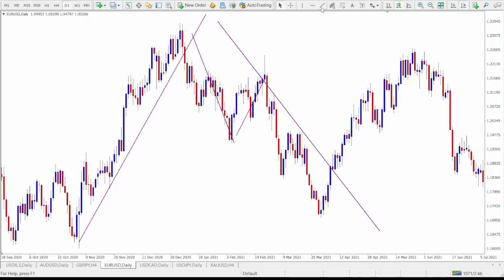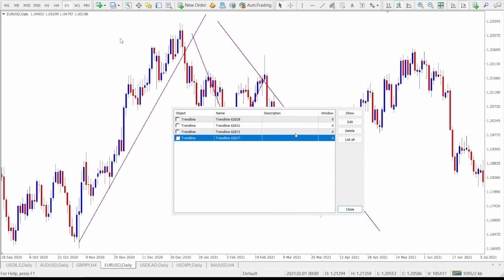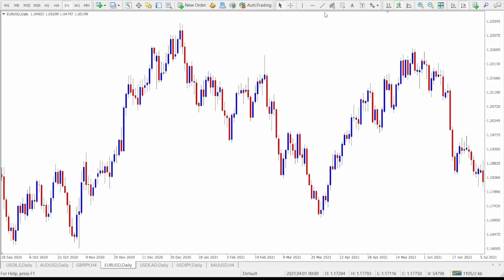Now, how does a wedge look? Remember that a wedge is a pattern that is not exactly like a triangle, but it has converging lines.